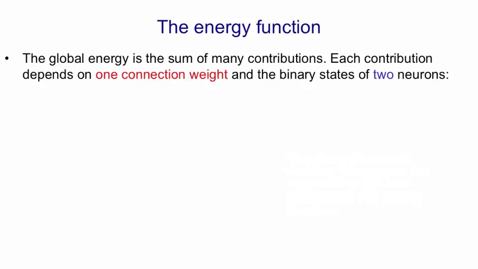The global energy of a configuration is the sum of a number of local contributions, and the main contributions have the form of the product of one connection weight with the binary states of two neurons. So the energy function looks like this. Energy is bad, so low energy is good, and that's what those minus signs are doing in there.